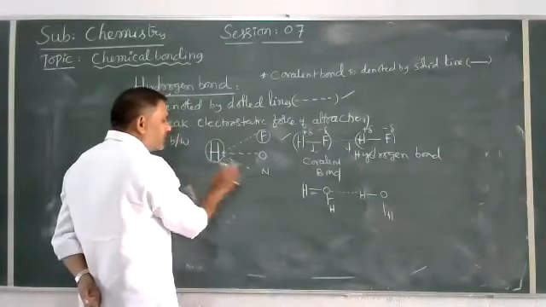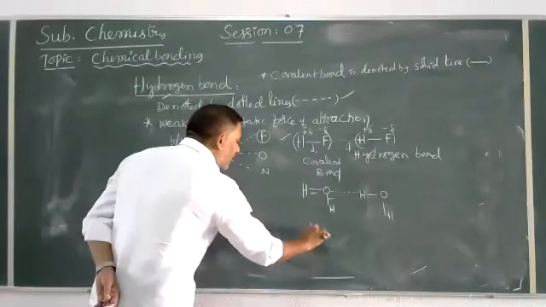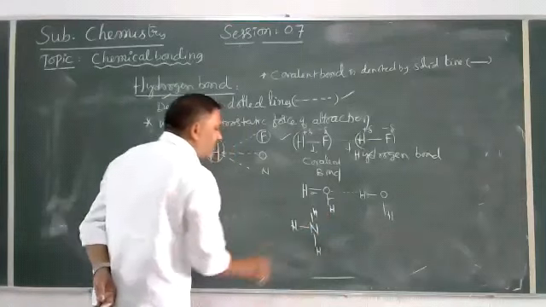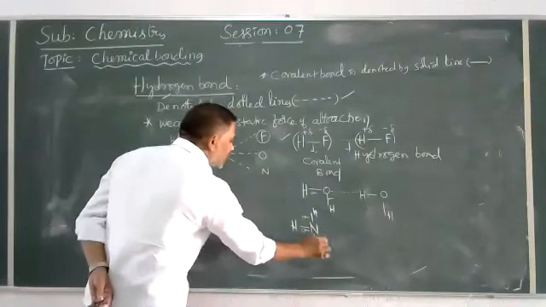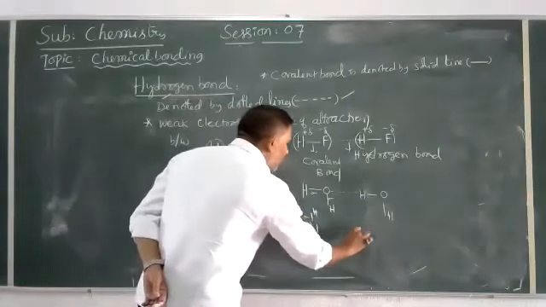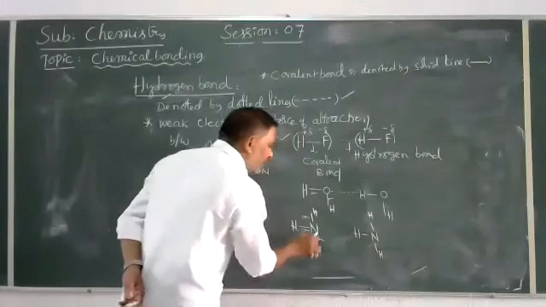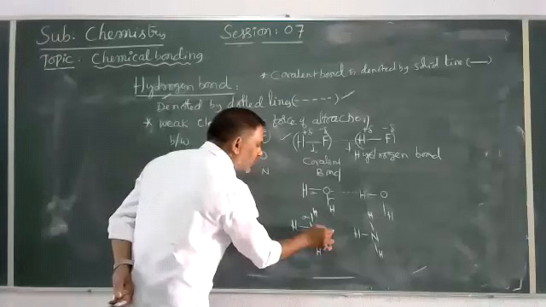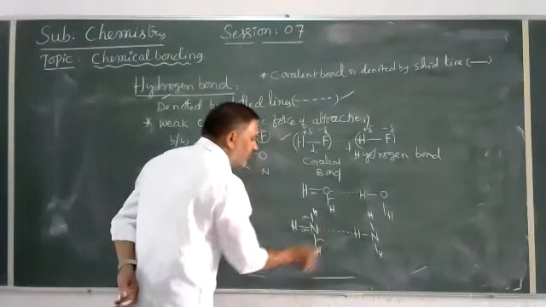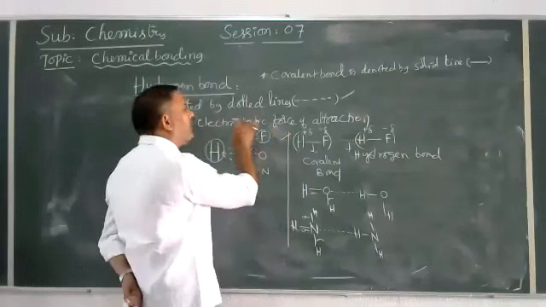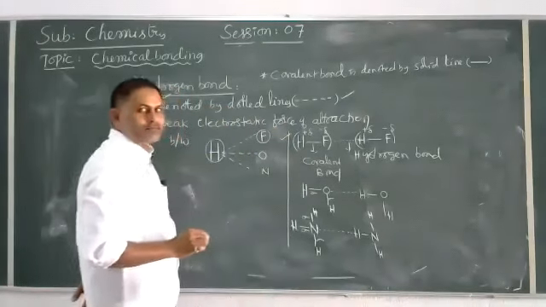Similarly, with hydrogen and nitrogen, three hydrogen atoms are there, with three sigma covalent bonds. Between two same or different molecules, like nitrogen and hydrogen, there exists a bond, that is an intermolecular hydrogen bond. That is one type of hydrogen bond.